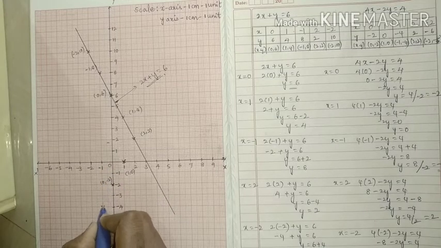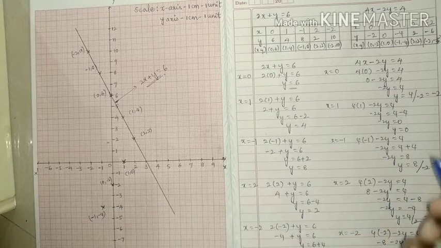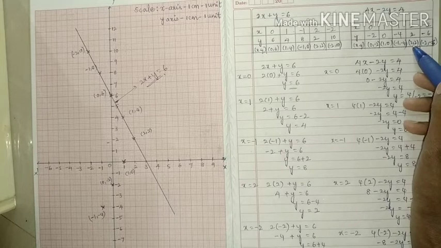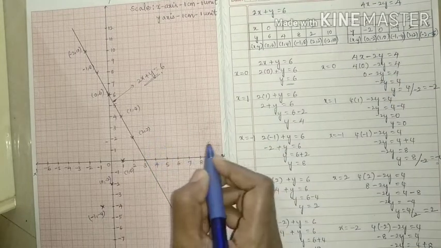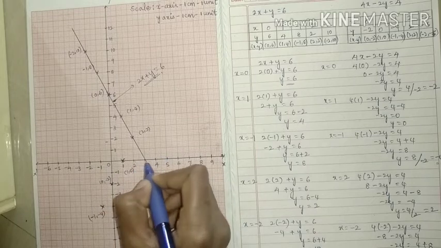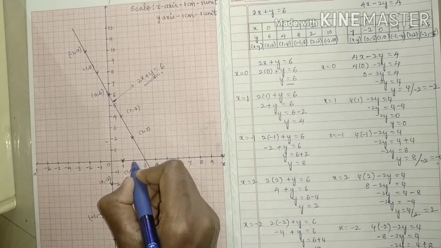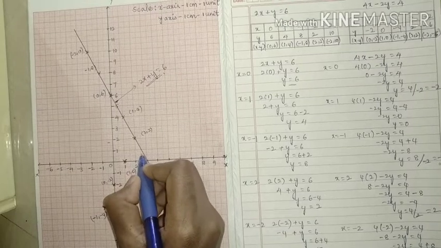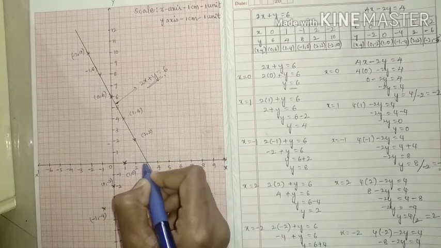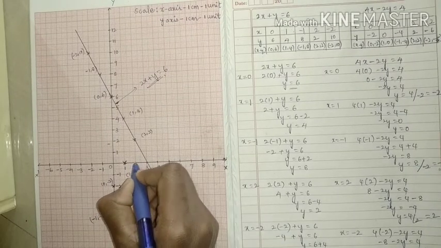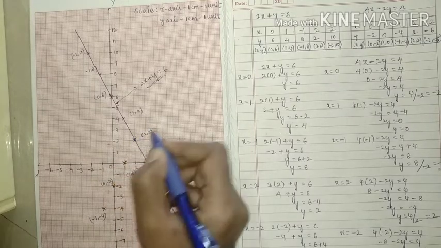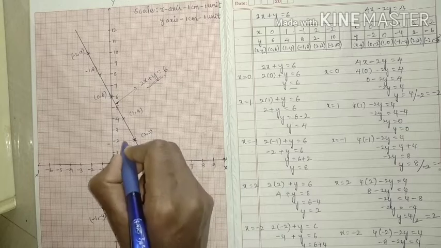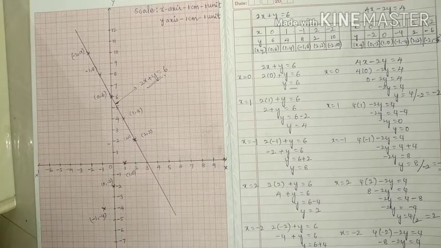This is minus 1 comma minus 4. So the next point is 2 comma 2. So here 2 is here, 2 to 2. So here only you are getting 2 comma 2, the same as for the first equation.